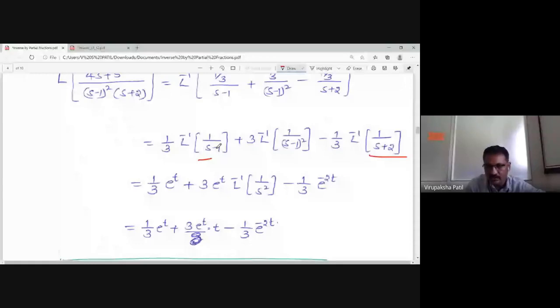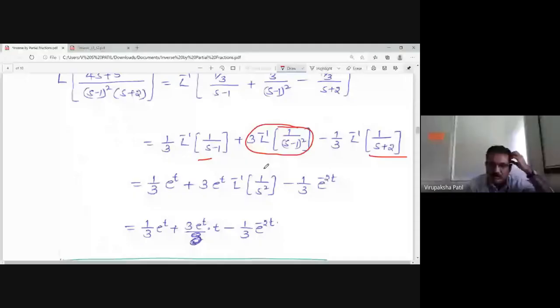But here you need to concentrate a little bit carefully. The denominator is in the form S minus a, numerator is 1, don't worry. But the square is there. If the square is not present, you would have written this one as e to the power t only, but the square is present. So first you have to use the shifting property. Taking this 1 outside, it becomes 3 into e to the power t. Then you are left with L inverse of 1 divided by S square.